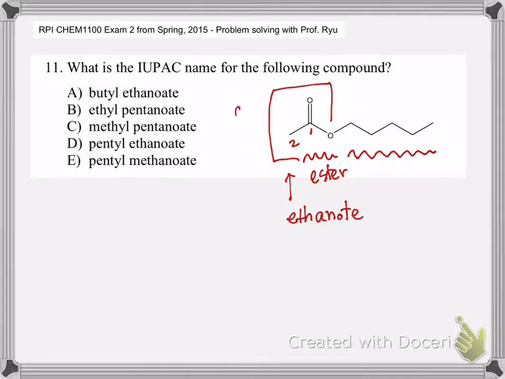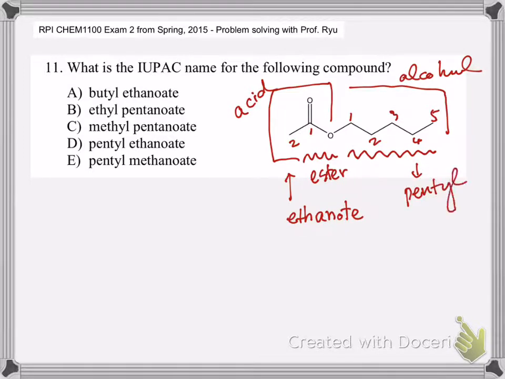So this came from the acid, and this part came from the alcohol, and counting 1, 2, 3, 4, 5, this is a pentyl alcohol. Putting them together, it's called pentyl ethanoate, with 5 carbons in the pentyl. The answer is D.